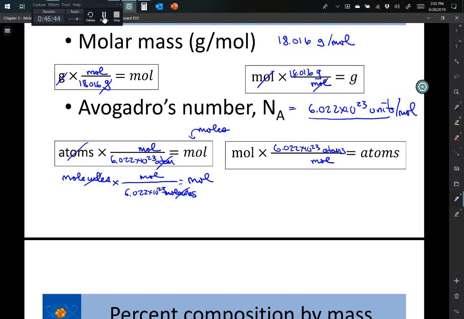So does it matter if they put molecules or atoms? No, because, okay, a dozen cats and a dozen elephants, right? Both have how many? A dozen, yes, 12. Just one's really big, one's really small. So the elephants are like the molecules.